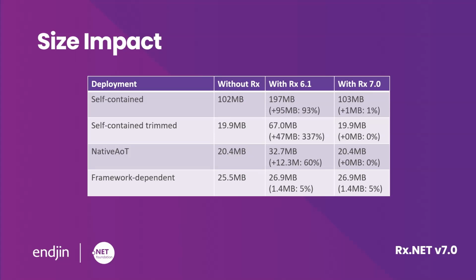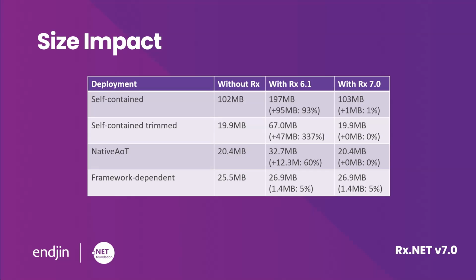The final line of this table is for framework-dependent deployment, or what you might think of as normal. This is where we don't ship a complete copy of the runtime with the app, and instead we just assume that a copy of .NET is already installed on the target system, and we just deploy our application and any NuGet packages it needs. In this case, there's basically no difference between RX 6.1 and RX 7, because in this more conventional deployment model, RX 6.1 didn't really cause any problems.